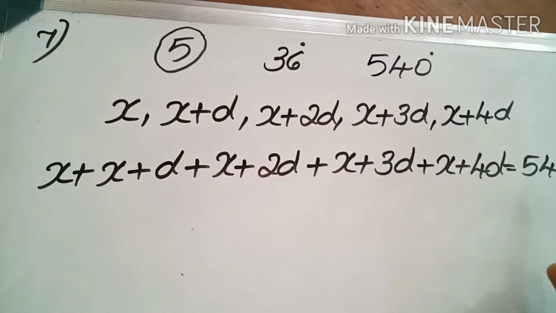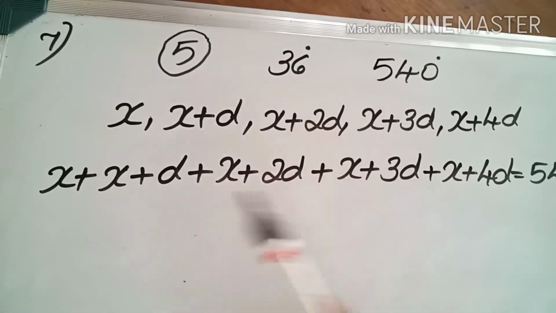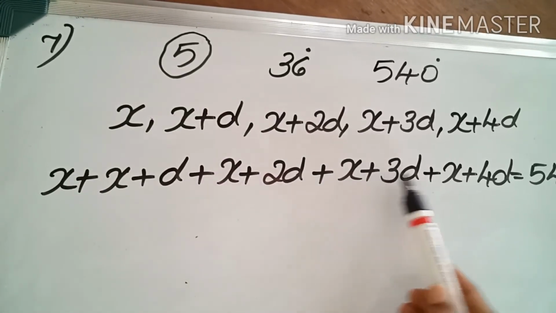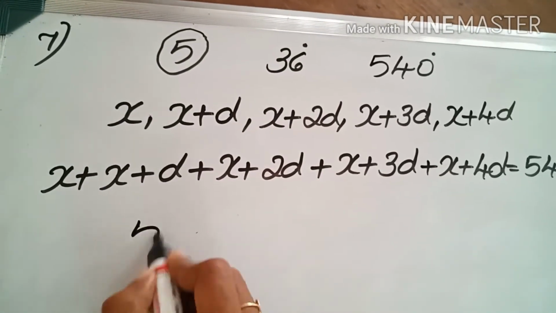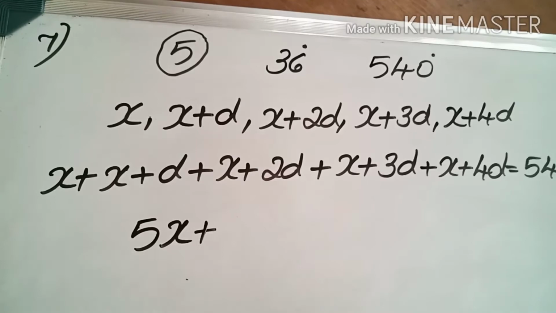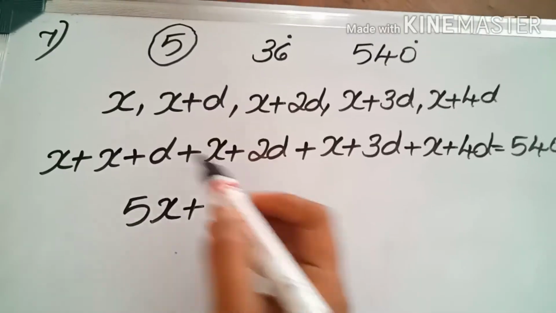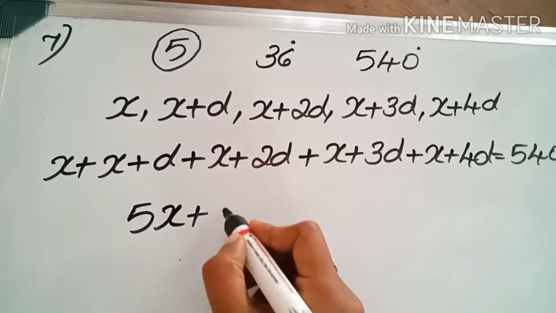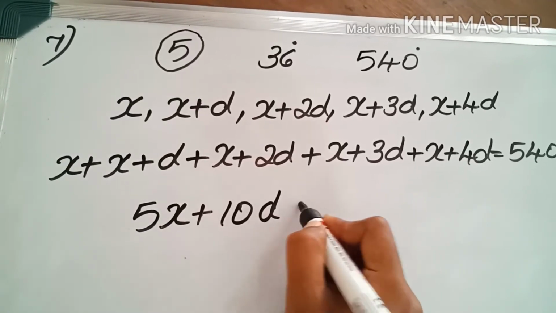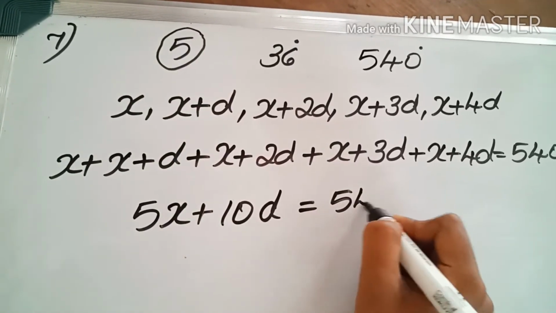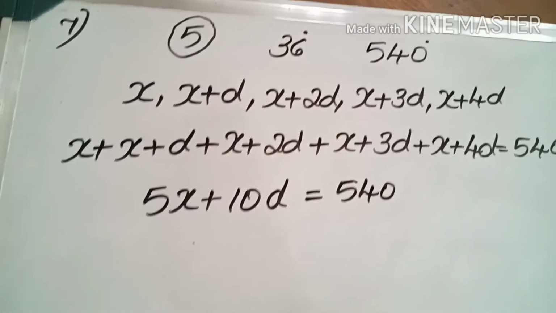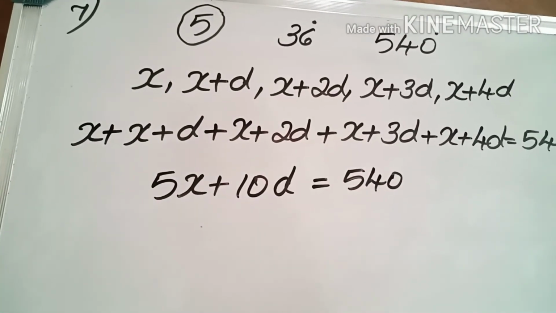Now how many x here? 1, 2, 3, 4, 5. So 5x, plus how many d's here? A total of 10 d's. So 5x plus 10d equals 540. Now let's simplify this equation.